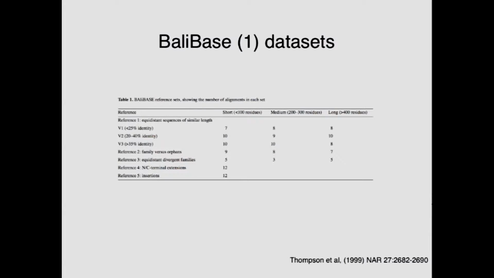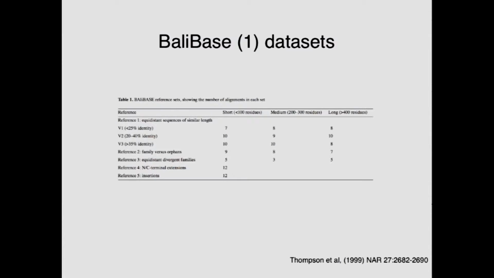These are sets of sequences which are relatively evenly distributed in evolutionary time, and they have similar lengths. We have sequences which are less than 25% identical, things which are 20 to 40% identical, and things that are more than 35% identical. So V1 is the hard ones, V2 is the intermediate, and V3, you're going to see in just a little bit, are sequences which are very easy to align properly.